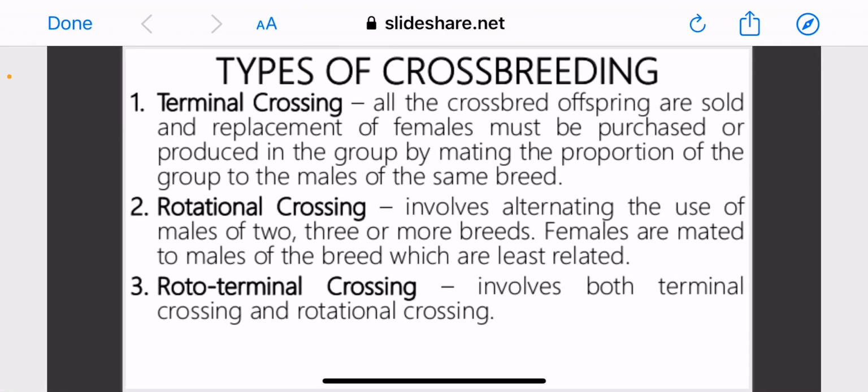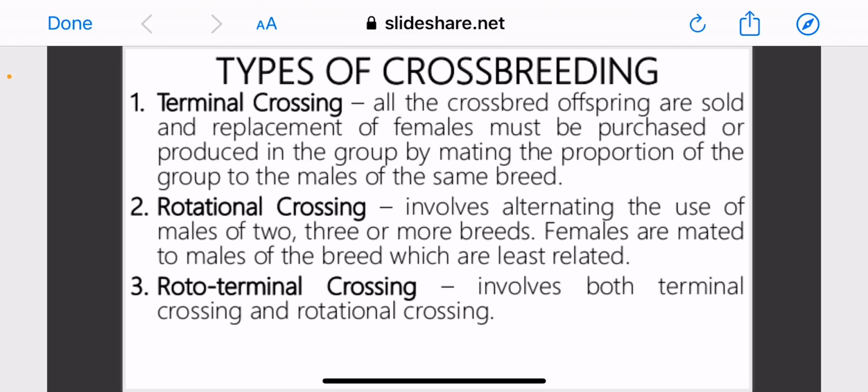So there are also types of crossbreeding. The terminal crossing, where the crossbred offspring are sold, and replacement females must be purchased or produced into the group by mating a proportion of the group to males of the same breed. And the rotational crossing involves alternating the use of males of 2 or 3 or more breeds, where females are mated to males of the breed which are least related.